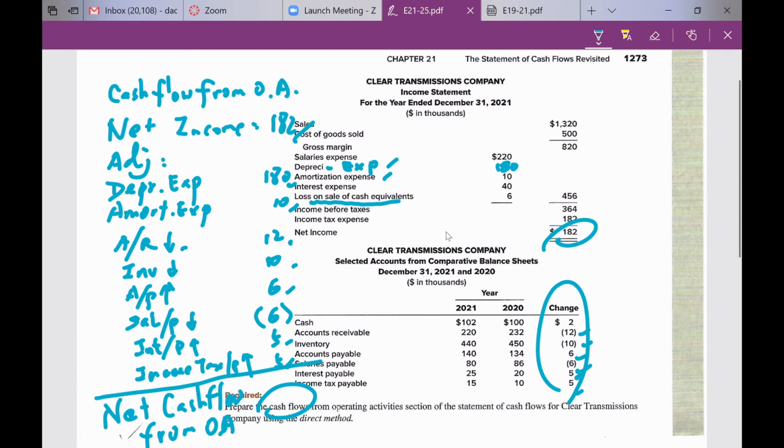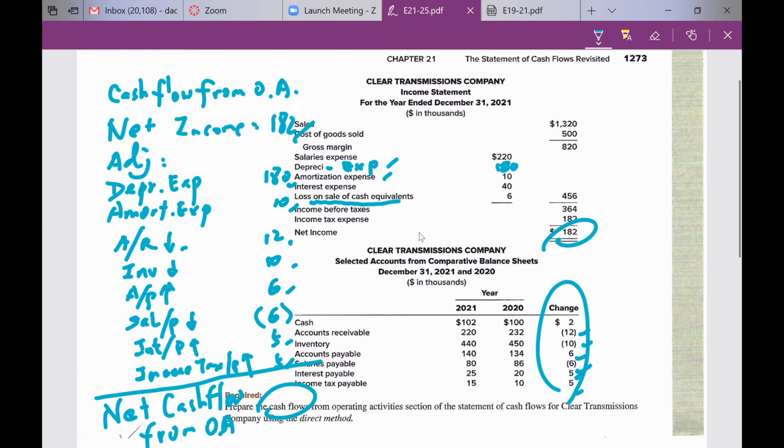Is the loss on sale of cash equivalent an investment activity? No, this is an operating activity. It is not investing.